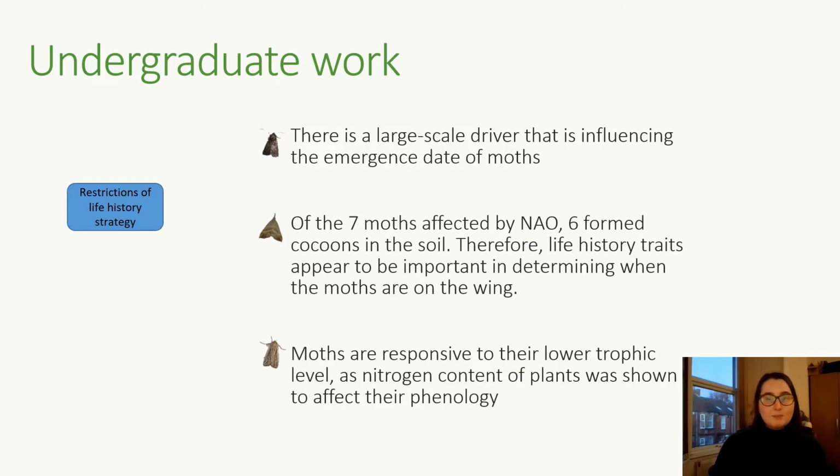So, an example of a restriction might be a change in the North Atlantic oscillation that I included in my undergraduate research. In my undergraduate research, this appeared to impact species that form their cocoons in the soil more than others. Thus, species that form their cocoons in the soil were more restricted by this trait when the North Atlantic oscillation changed, and this influenced their phenology in turn.